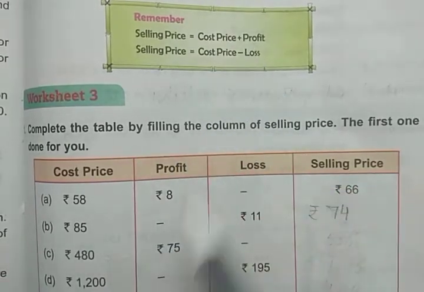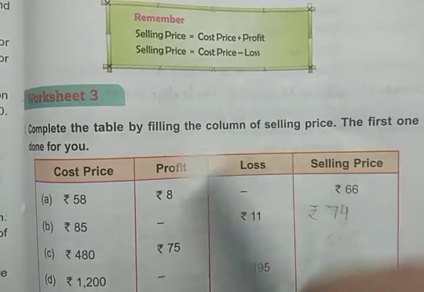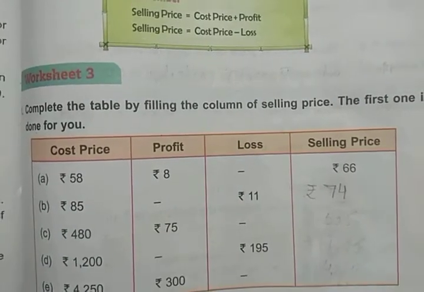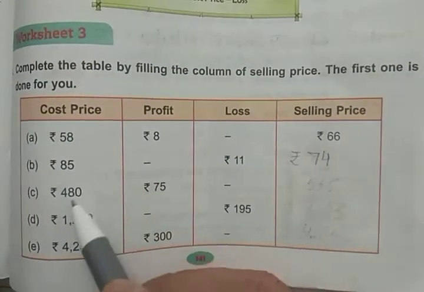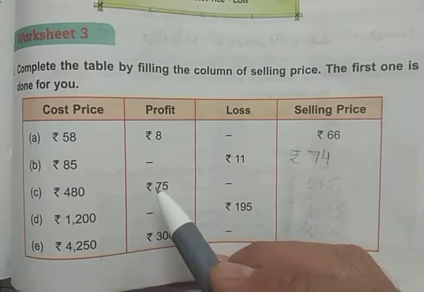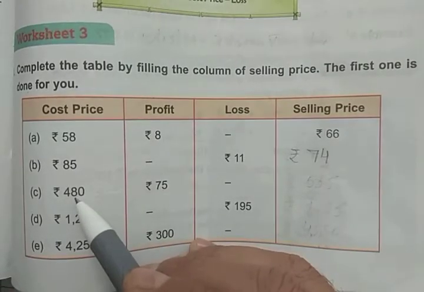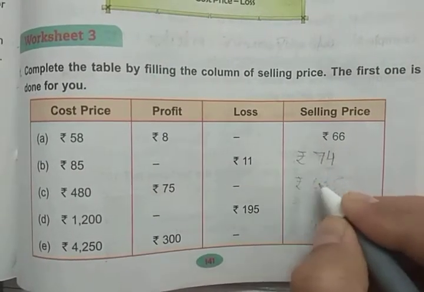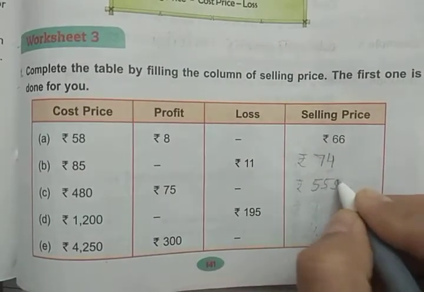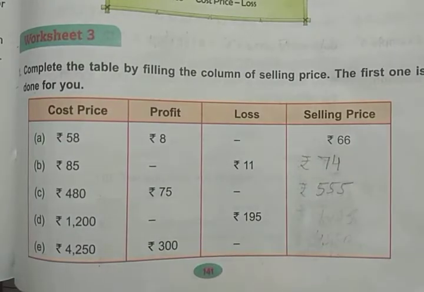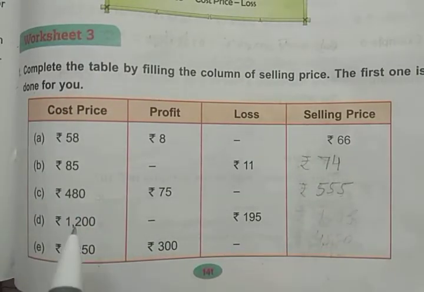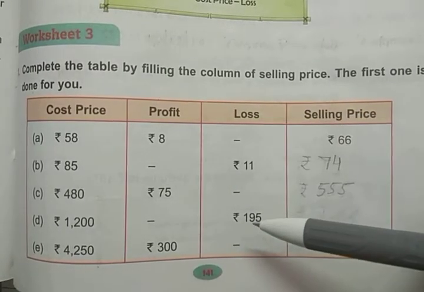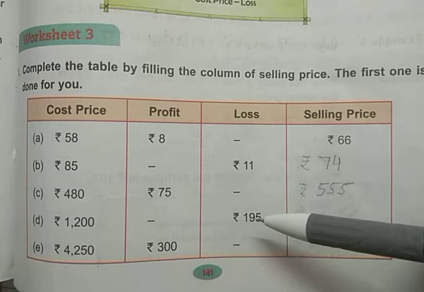So here profit is there, so we have to add cost price and profit to get the selling price. So 480 plus 75, that is 555 rupees.